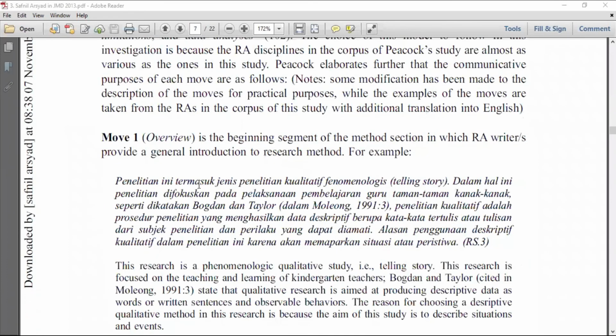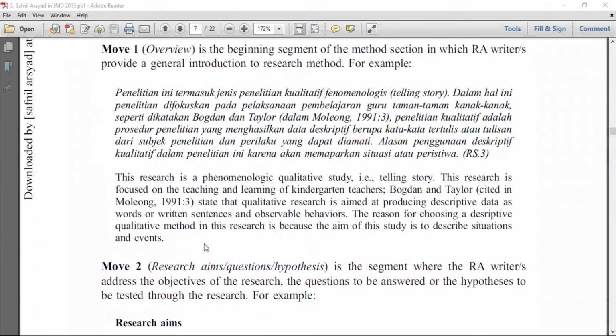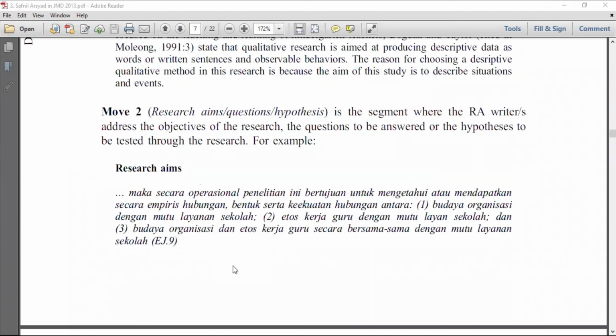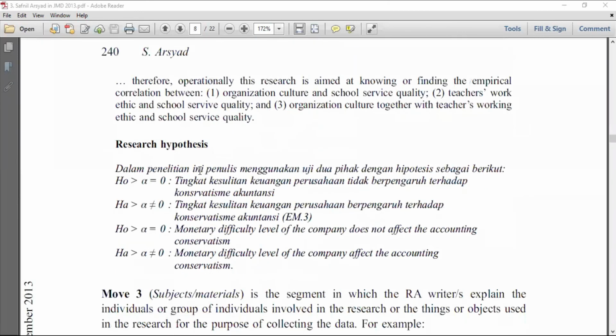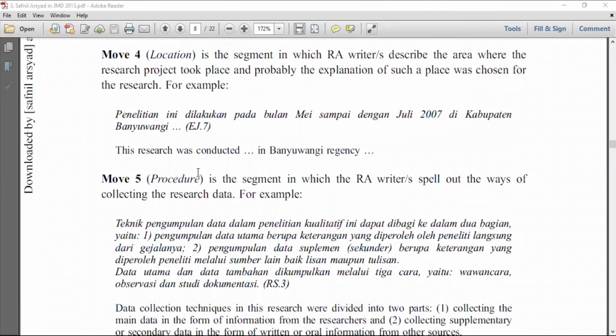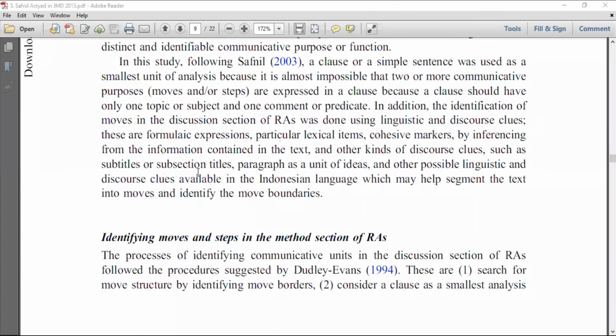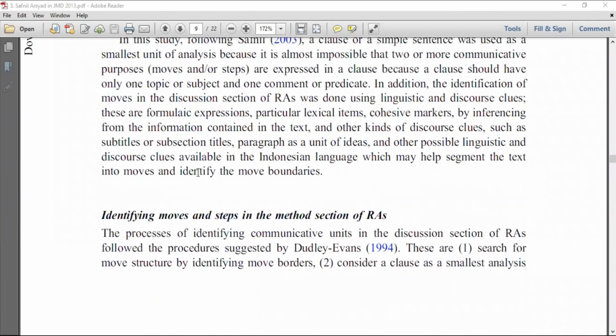This is the example. Move one, description, example. Move two, description or communicative purpose, and example. We have to show this to convince readers that we understand what is move one, what is move two, by showing the example. Move three, move four, five, six, seven, seven moves in the model.